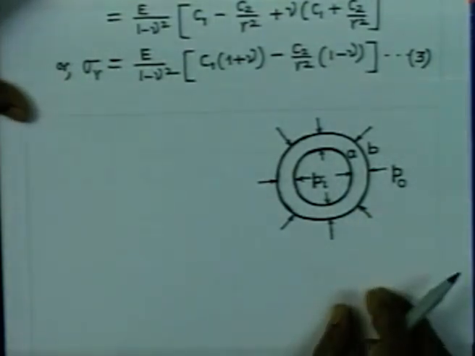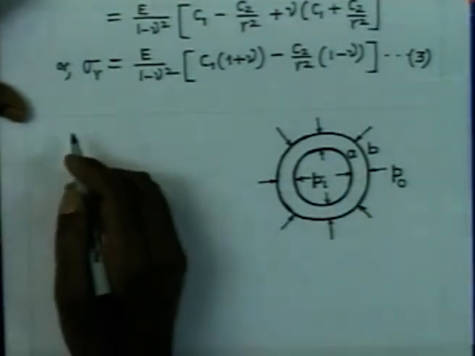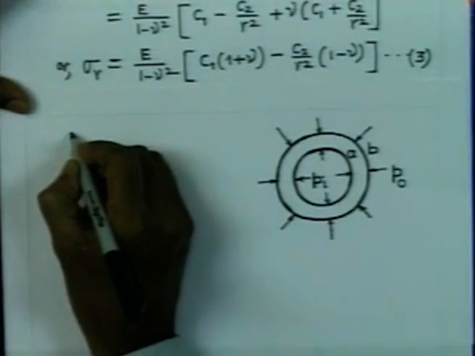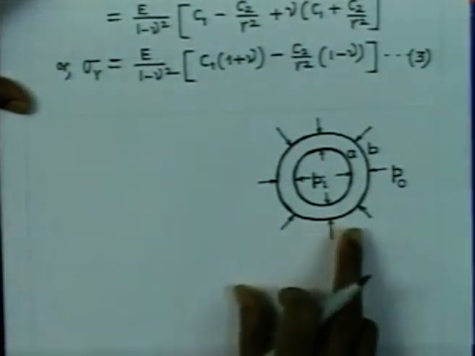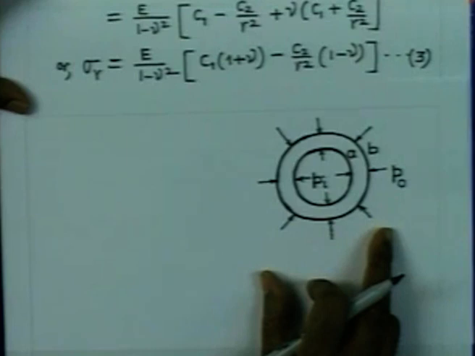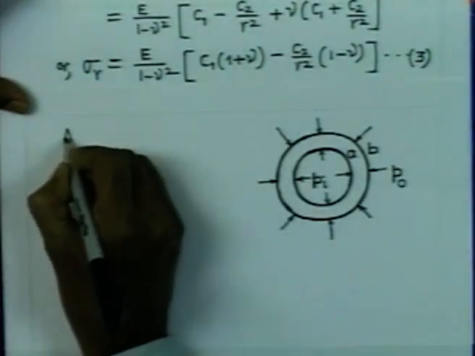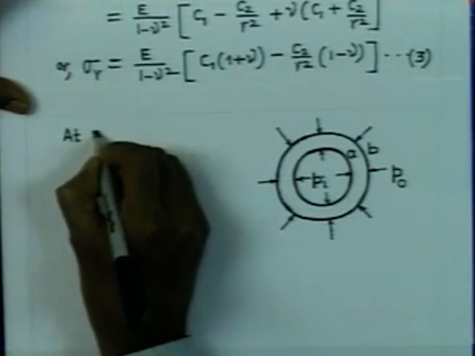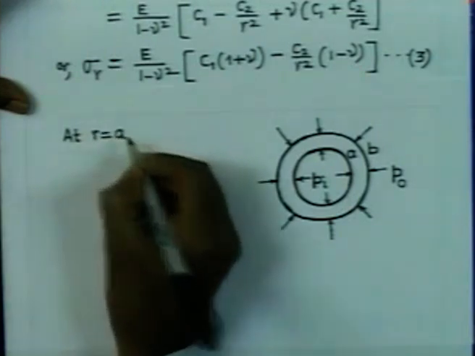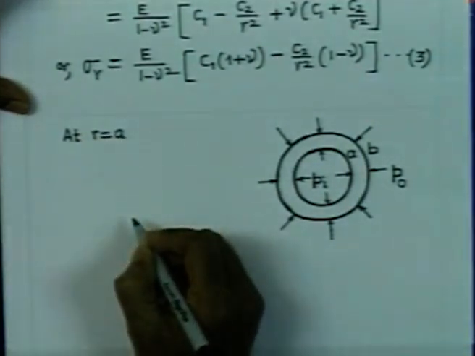Now, in this case, if you consider the boundary conditions existing in this problem, at internal radius, that is r equal to A, what is the radial stress?